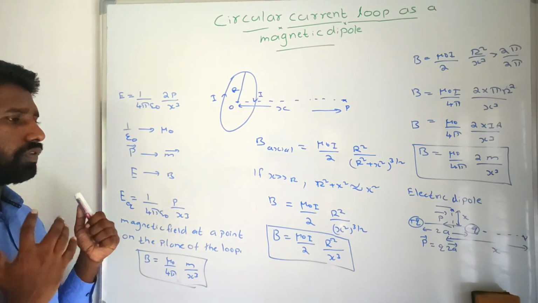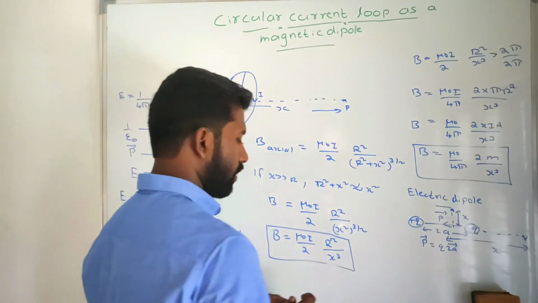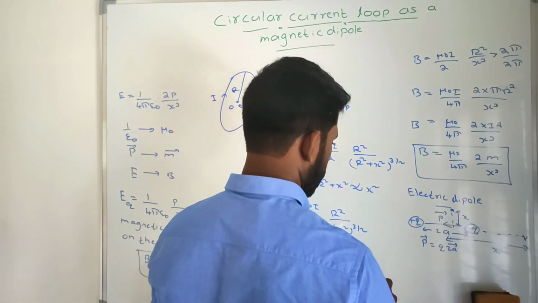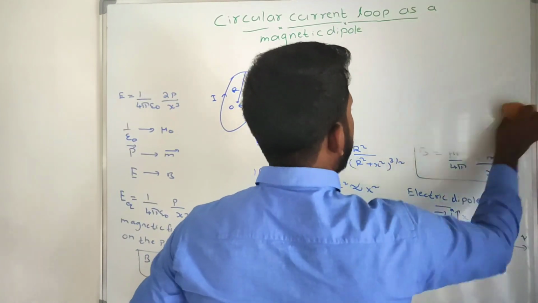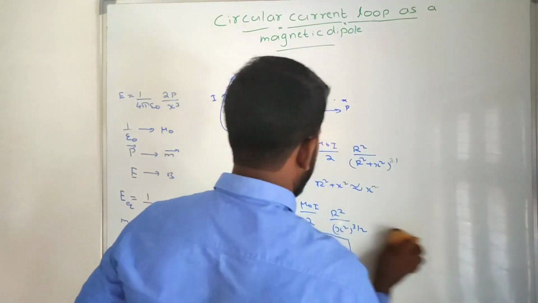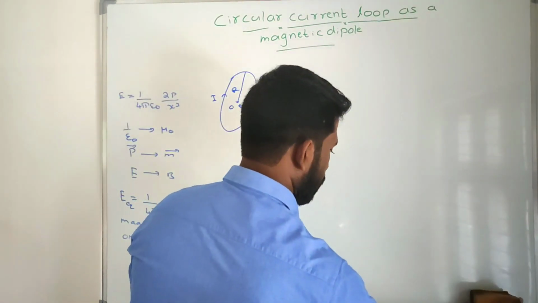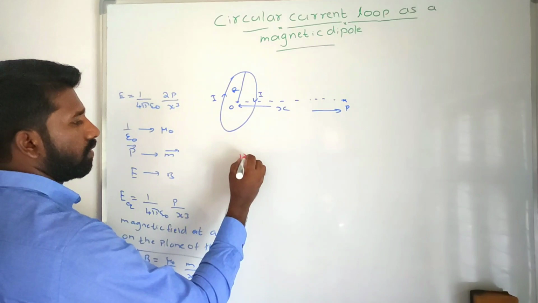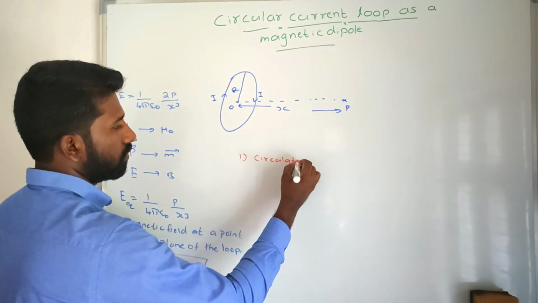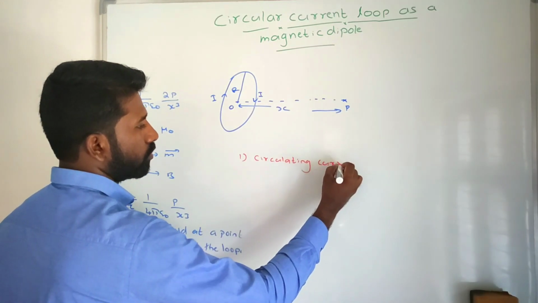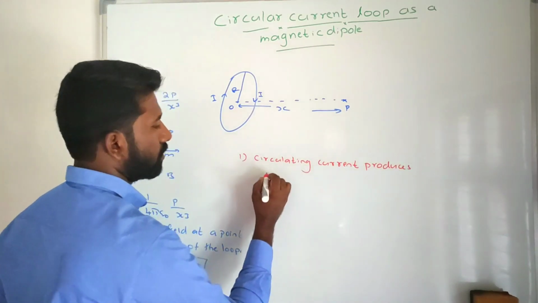Clear? So from all this we can conclude two things. One is that a circulating current produces a magnetic dipole.